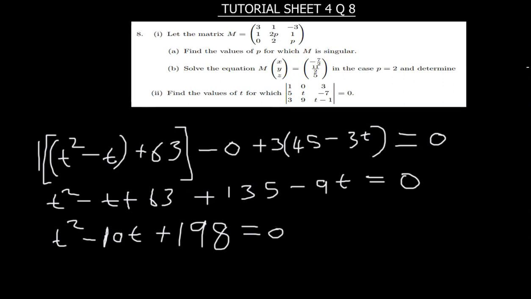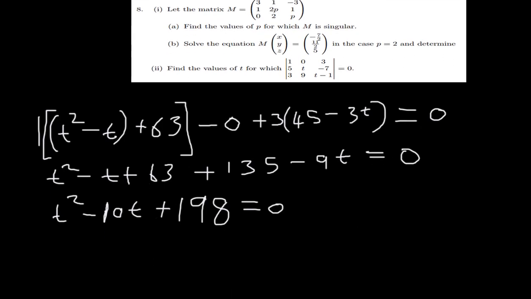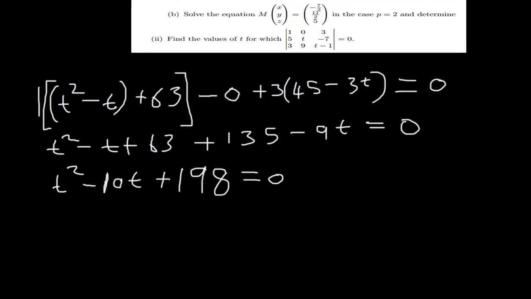If you see the numbers are too big to be solved, okay, let's try. Are there 2 numbers that we can multiply to give us 198, then when we add them, they'll give us 10? I don't think they are there. Let's just calculate this using the formula method.